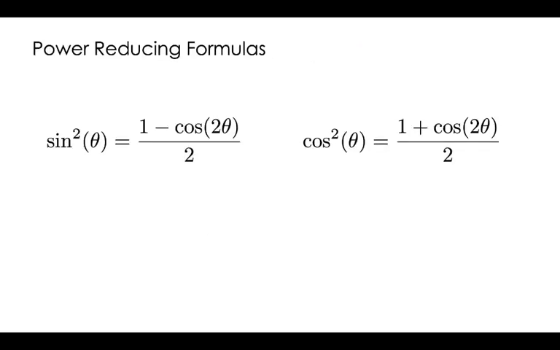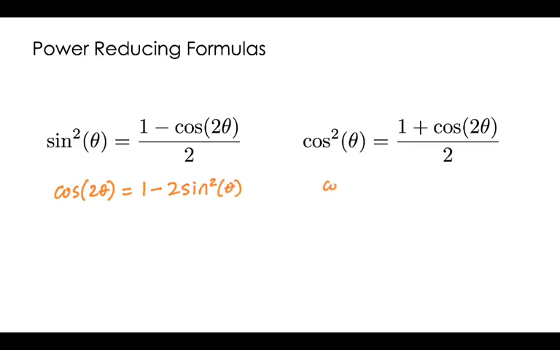All right, next we have these power reducing formulas. These power reducing formulas are just a variation on a theme from the cosine double angle formulas. Okay, so we had the cosine double angle formulas, like cosine 2 theta. If you just look on your identity sheet, you'll see this. We had 1 minus 2 sine squared theta.